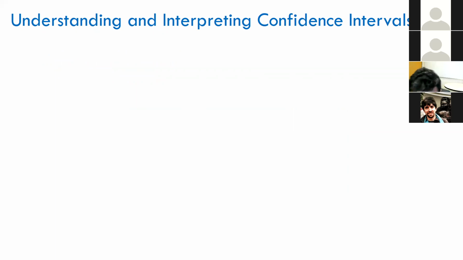There's another term that you need to understand, which is called confidence intervals. What are they? I just put confidence interval after hypothesis testing because I thought it might be more useful after hypothesis testing.